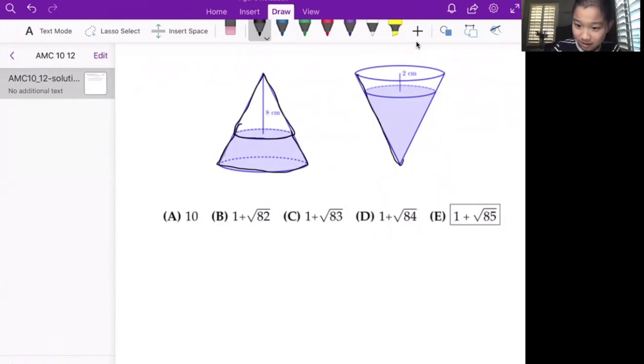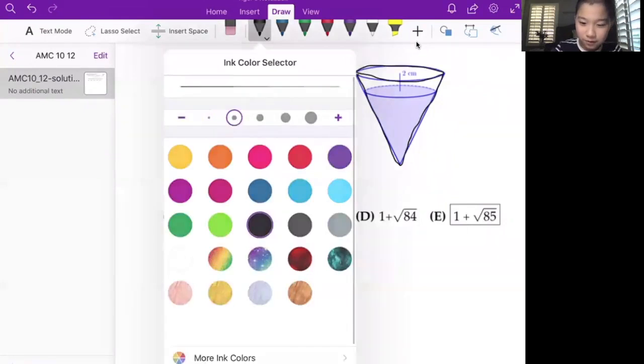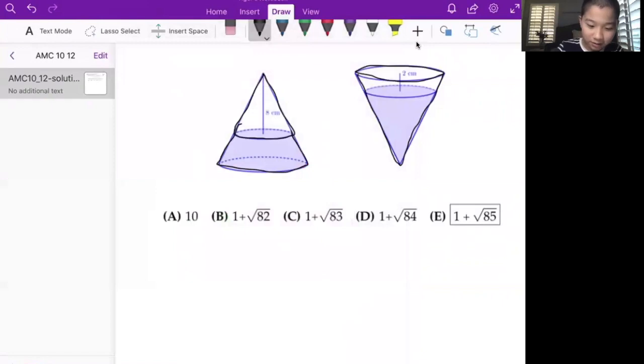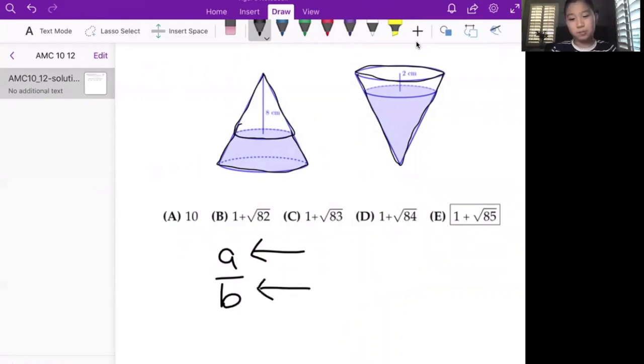And similarity in 3 dimensions means, for example, suppose A is one of the sides of the first solid, and B is the other solid's corresponding side.